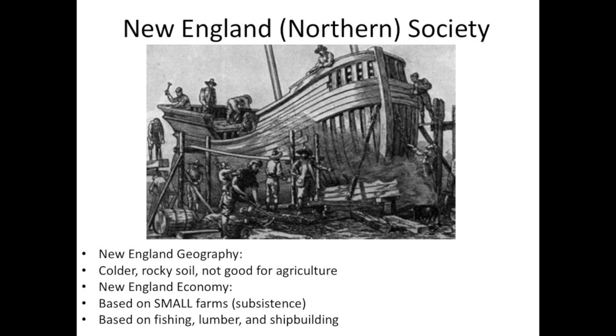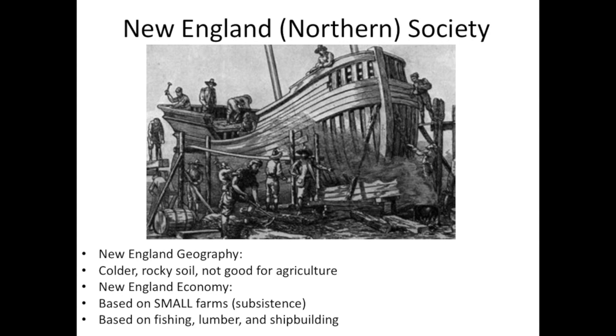If you fast forward to the Civil War, the northern states are going to be the ones that are able to build better ships than the southern states, and the northern states are going to use their ships and their naval yards to basically blockade the entire southern coast and keep the southern coast from being able to trade with other countries for supplies.